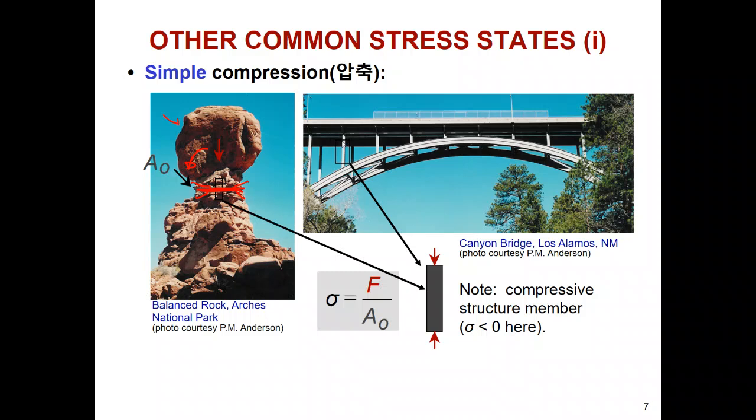So let's see this bridge. This bridge is under compression stresses. It is because it has a very large weight of the plate. This plate also experiences gravity forces. But however, I'm not sure how I can say it, they can sustain this traction, so actually the beam structure is under compression stresses.